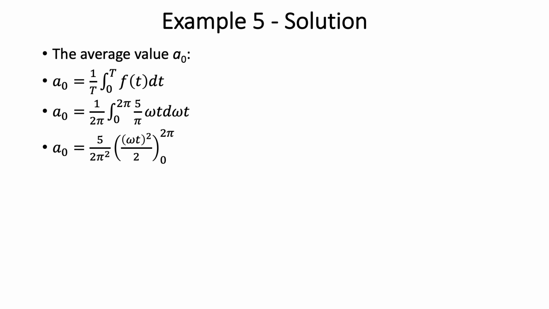Continue with the integration. We have A0 equals 5 over 2π squared times ωt squared over 2 for 0 to 2π. And finally, we have A0 equals 5.